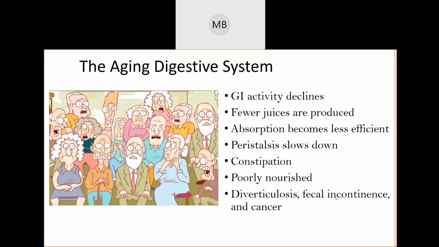If you lose control of that external anal sphincter, you may end up incontinent and needing to wear adult diapers. Or some of your elderly patients may, if you end up working with geriatrics. And all of this combined can also lead to some malnourishment. So some individuals as they age end up being poorly nourished and losing weight because their GI tract is going downhill and they're just not absorbing nutrients properly.